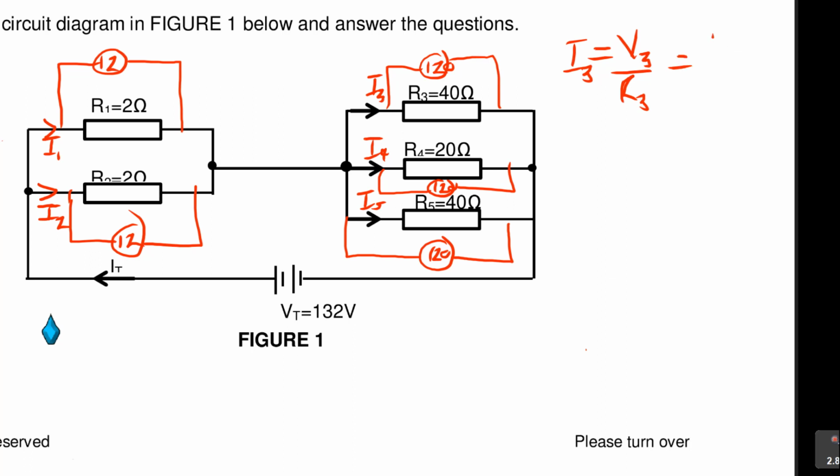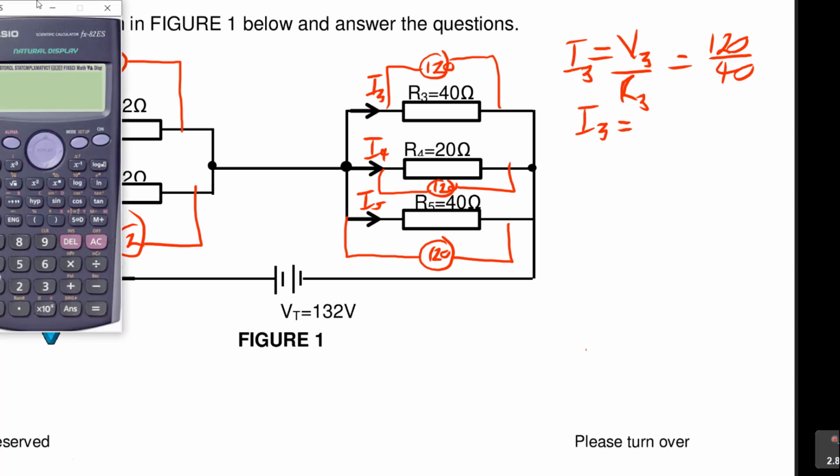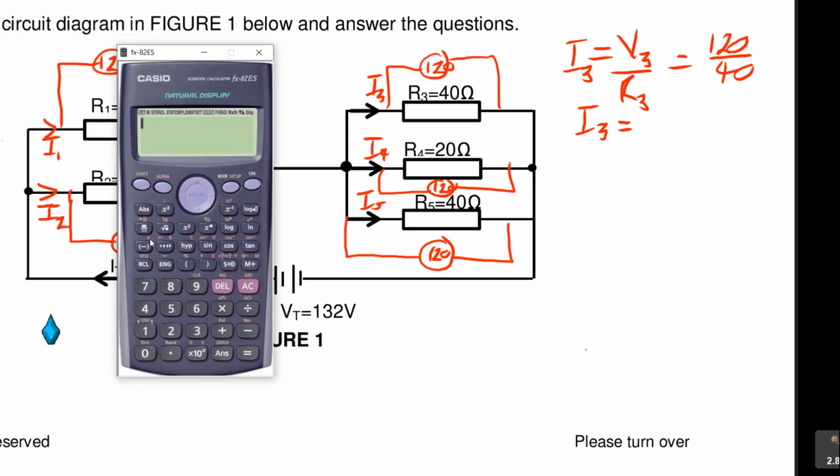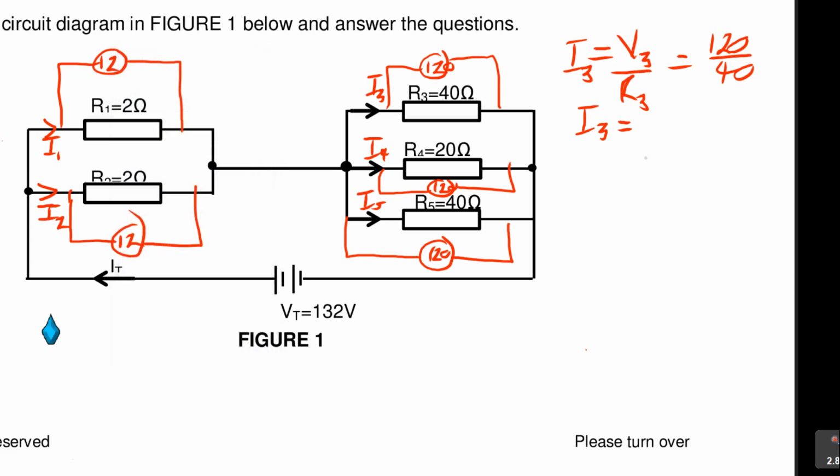The voltage there is 120, it's not changing. The only thing that is changing is that. So what is I3? You come back there and say 120 over 40, sorry, is 3. So I3 is 3 amps.